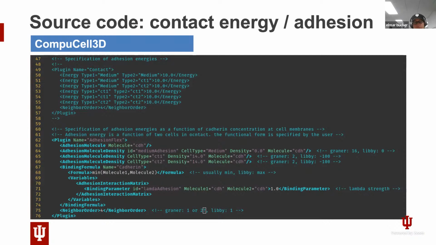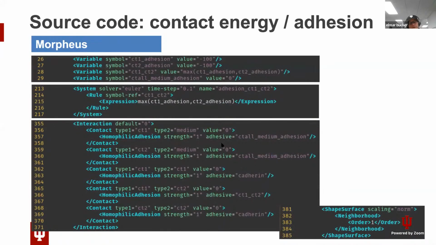and this will in the end change the way it sorts. Okay, so looking at the Morpheus model, as I said before, they had negative values. They had the max value that they used between these molecules. Yes, the max value is specified here. And then this was what is called the Morpheus homophilic adhesion. It's the same as this adhesion flex that I explained.